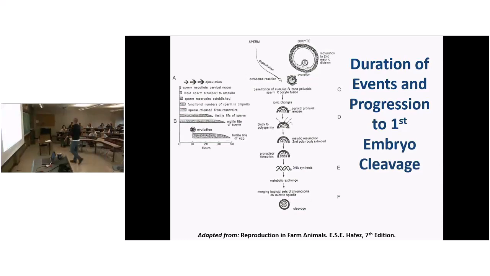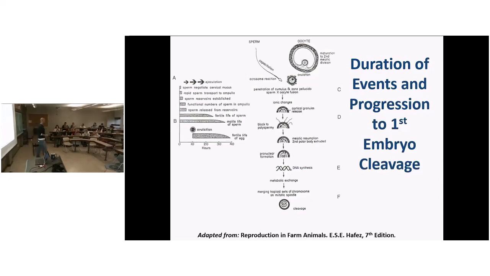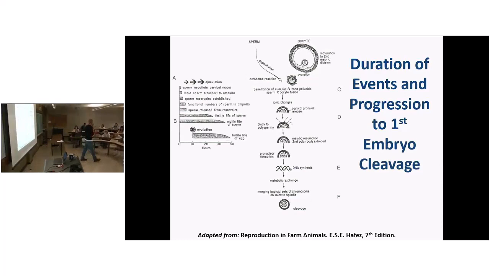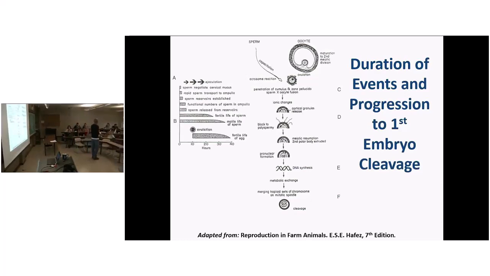The zona pellucida, once you have, for example, this little breach where the sperm cell went in, a very microscopic, very tiny breach, it's not that because of that little hole the zona pellucida is all of a sudden useless. No.